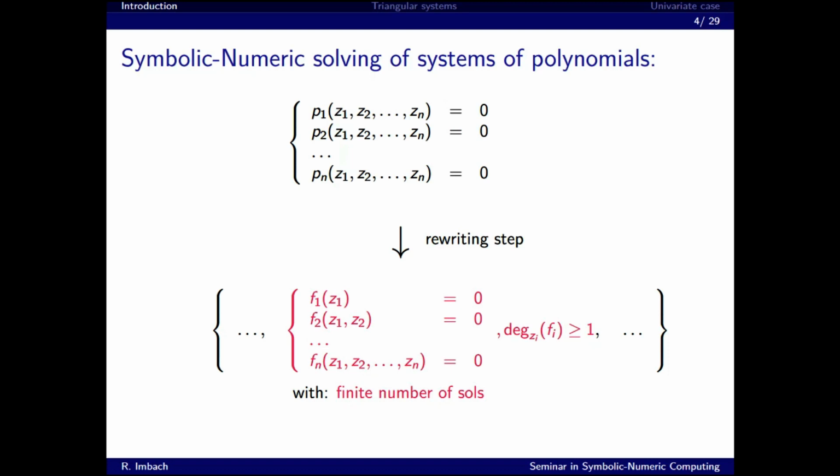But when you do the transformation, don't you also get inequations, like something not equal to zero?